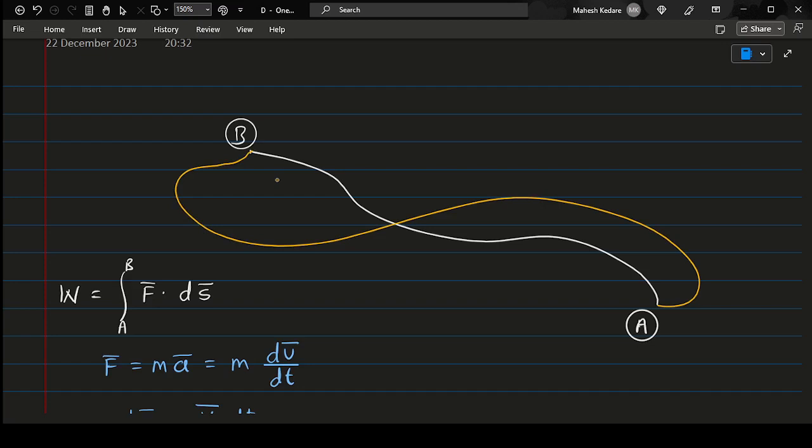Well, the change in kinetic energy may depend upon the path followed in going from the same initial position to the same final position. But if change in kinetic energy depends upon the path followed, then the analysis of the problem will become somewhat difficult.